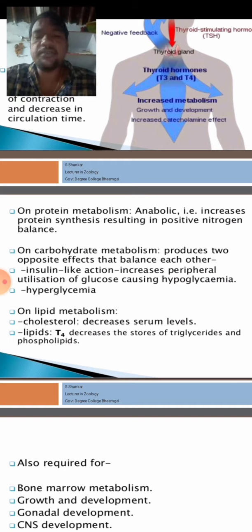Insulin-like action: increases peripheral utilization of glucose, causing hypoglycemia. The other effect causes hyperglycemia.